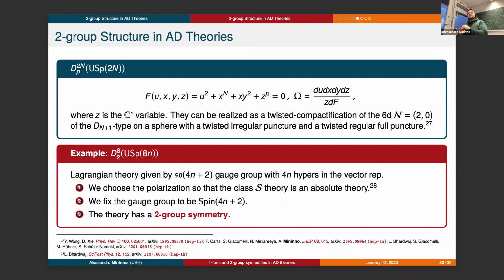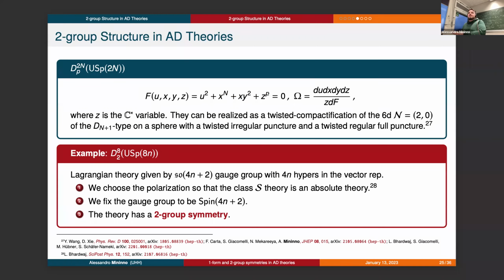That is a Lagrangian theory given by SO(4n+2) gauge group with 4n hypers in the vector representation. Now, if you fix the gauge group to be spin(4n+2), this is exactly the same situation that we had before, and this theory has been proven to have a two-group, as we have shown before.